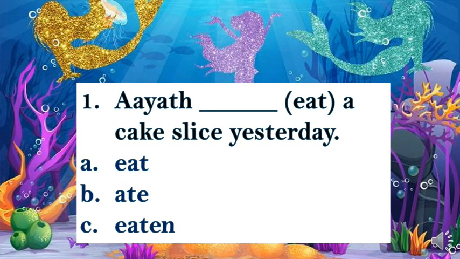Let me hear the answer. Mermaids, ready? Yes, I can hear you giving the answer. Yes, it's an excellent answer. What's the answer? Yes, it is B. Ayat ate a cake slice yesterday. Excellent. So girls, you got 1 point.